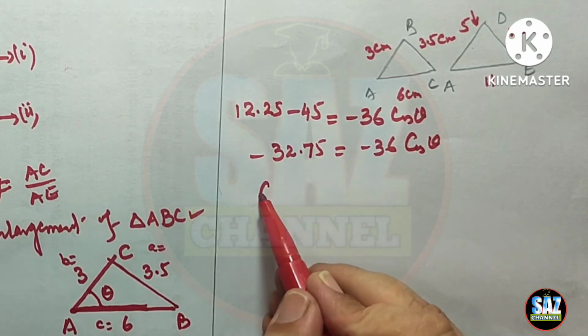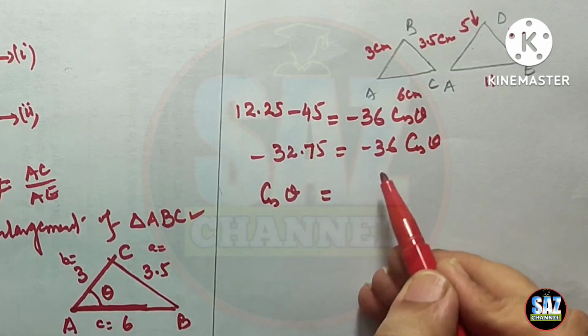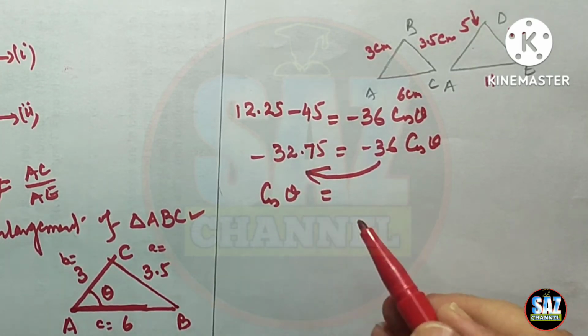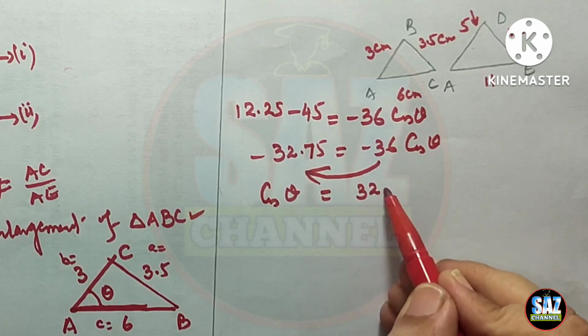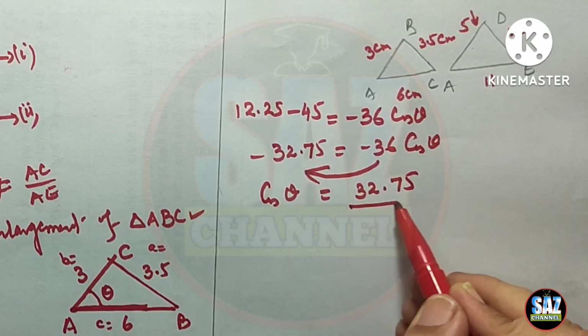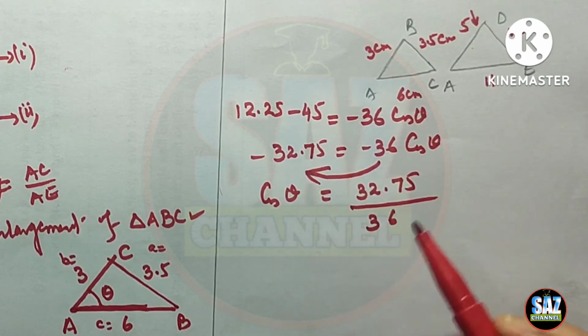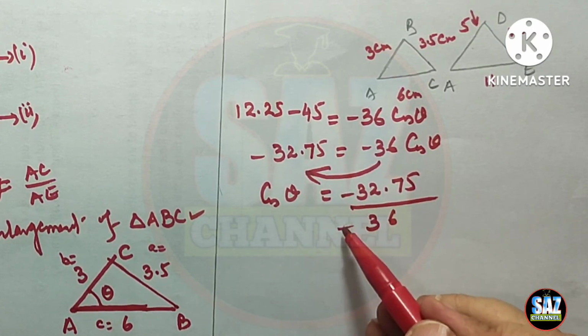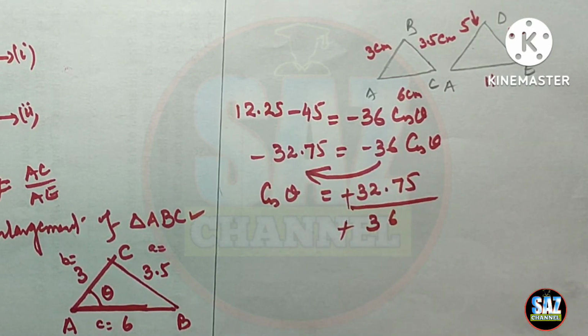Now we need to find the value of cos theta. So what we have to do is divide this to this side, 32.75 upon 36. Either I can keep the minus sign over here, and cos theta, now I have to divide it by 36, and then convert it into fractions.